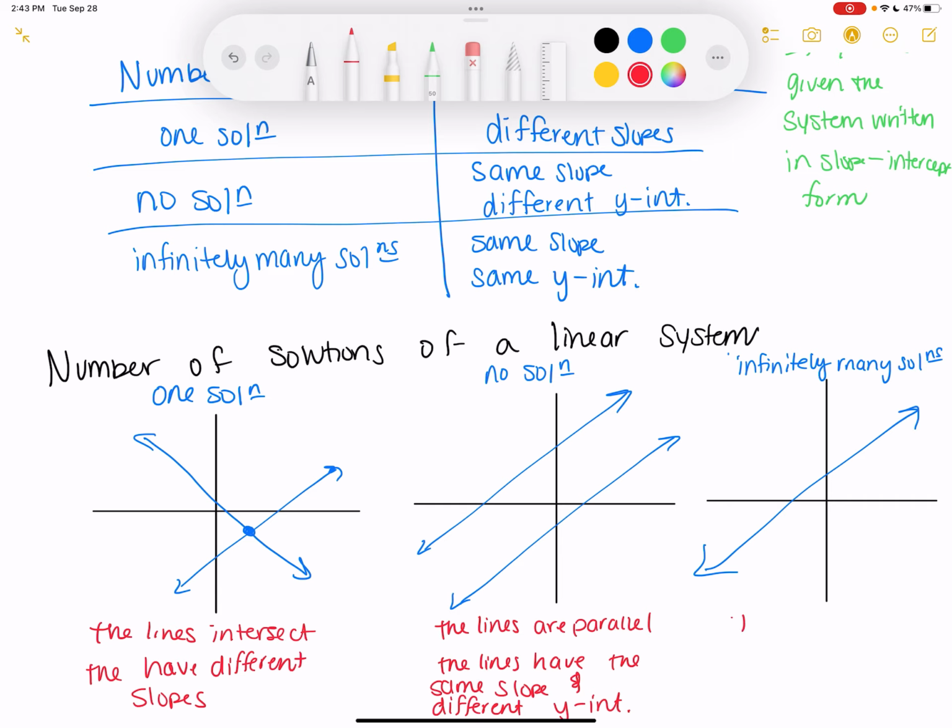The last one, the lines coincide, meaning they're on top of each other. The lines have the same slope and the same y-intercept.